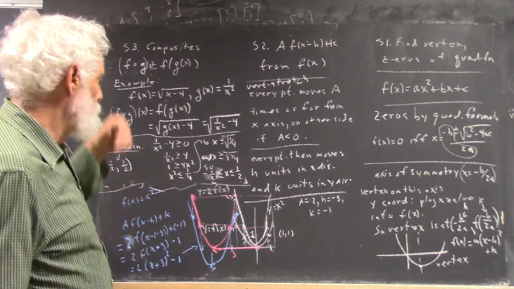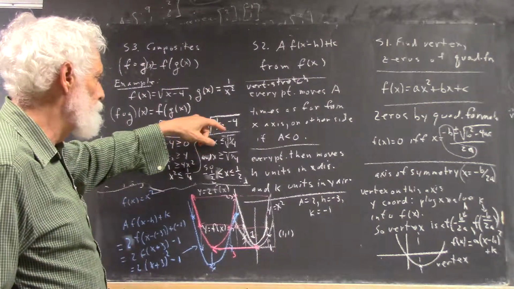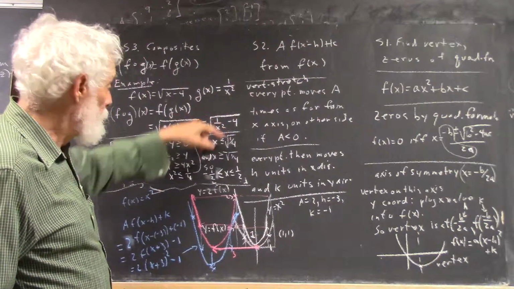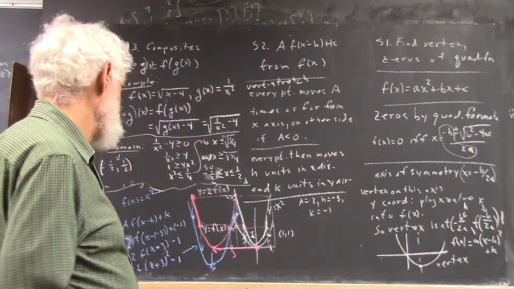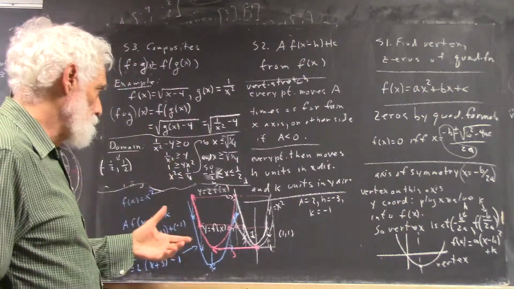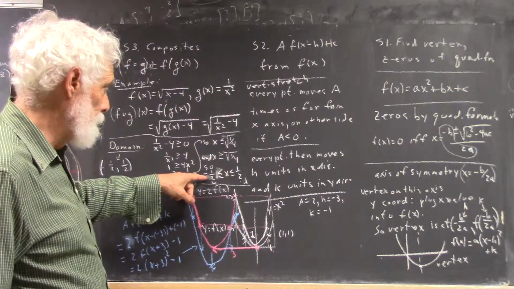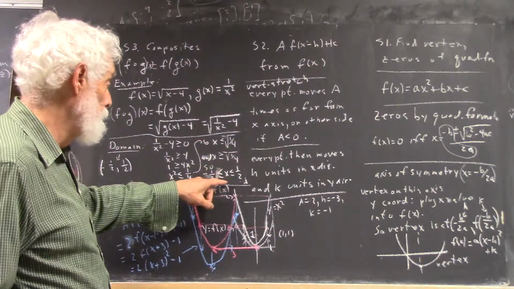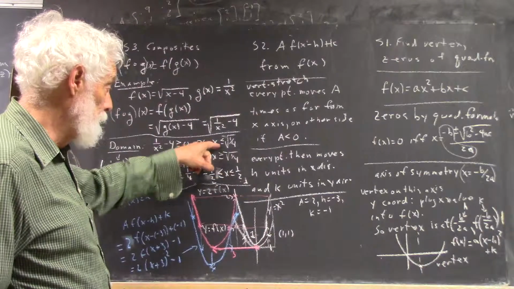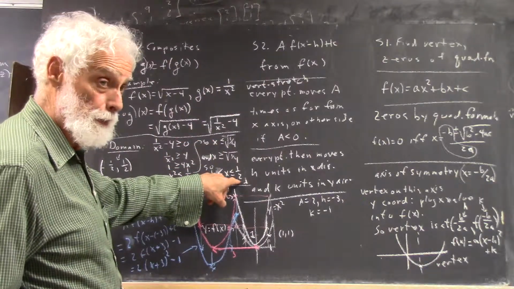X squared less than or equal to 1/4 means x is less than or equal to the square root of 1/4, and also that it's greater than or equal to the negative square root of 1/4. The square root of 1/4 is 1/2, so we conclude that negative 1/2 has to be less than or equal to x, and x has to be less than or equal to 1/2, so we have a combined inequality here.